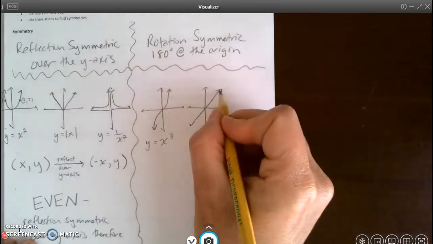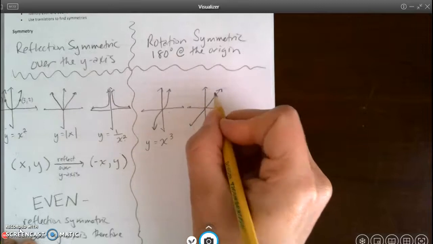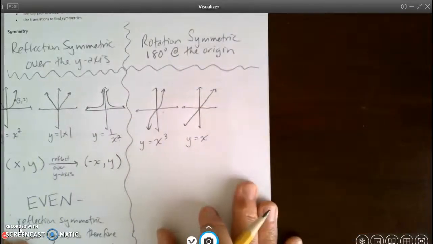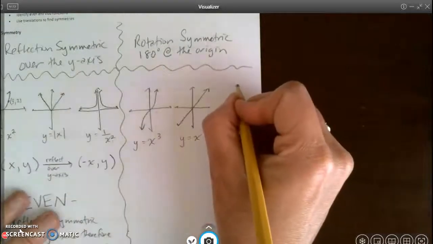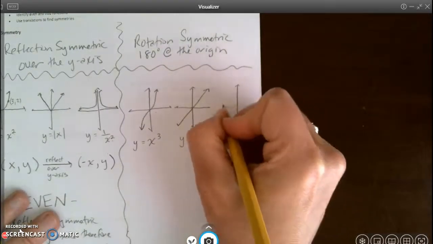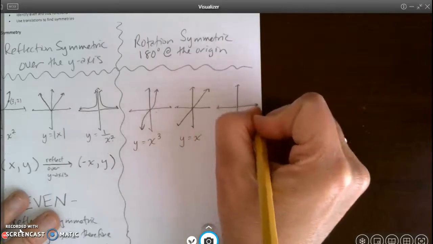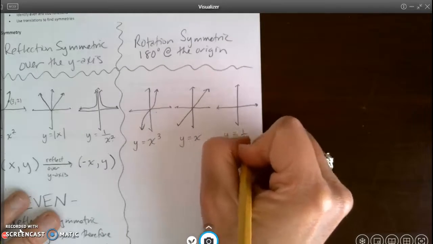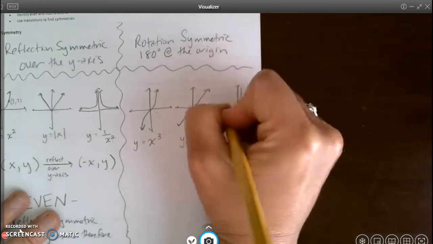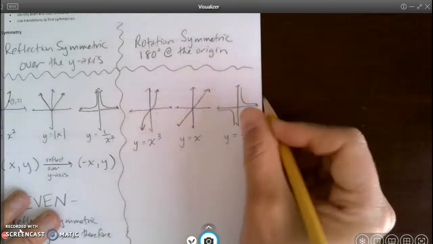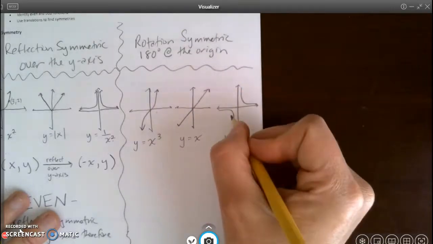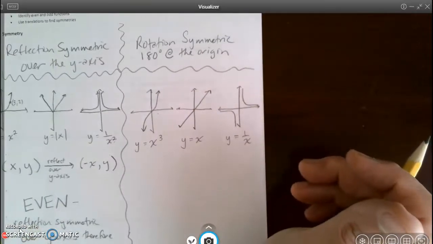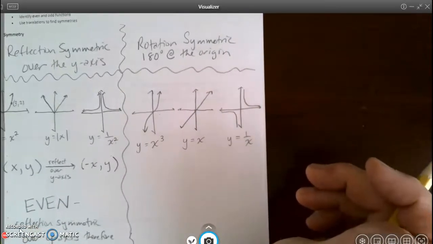Same thing, you rotate this piece to here, this piece up to here, and you're going to have the exact same graph. You wouldn't even know that you had moved it. And then we have our inverse graph, y equals 1 divided by x. Again, these pieces, if you were to rotate them around the origin, this piece would move to here, this part of the graph up to here, and you would never know that I had made any changes.